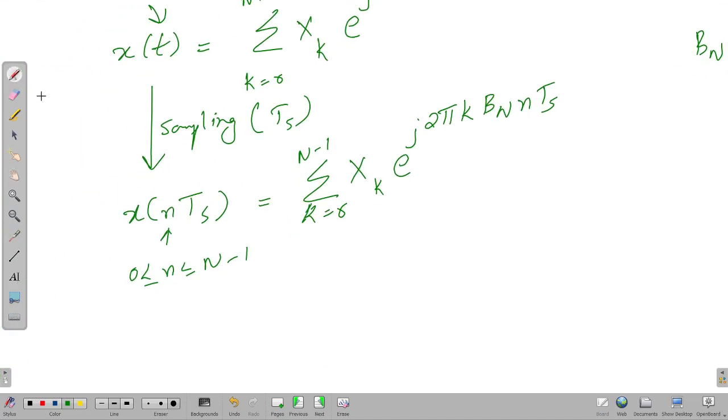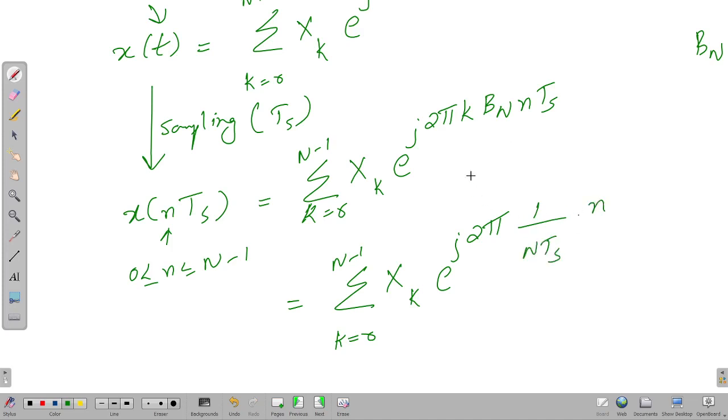So you can have summation k equal to 0 to N minus 1, X_k e raised to j 2 pi. For B_N I substitute 1 divided by N T_s.